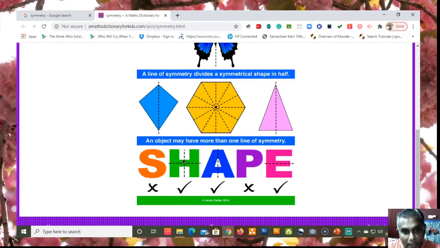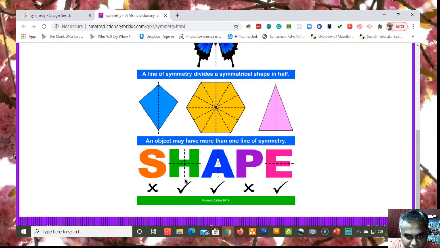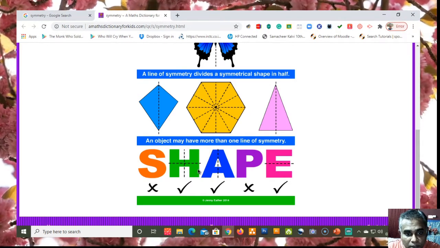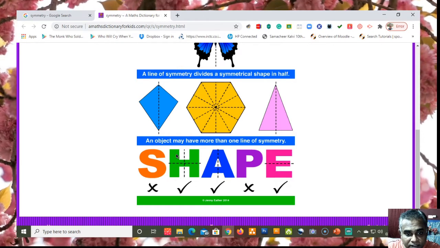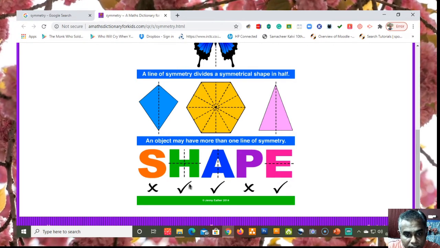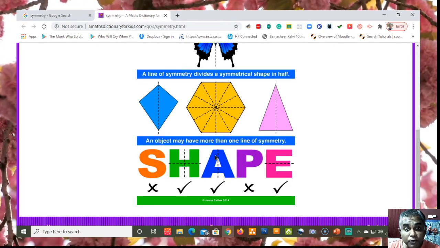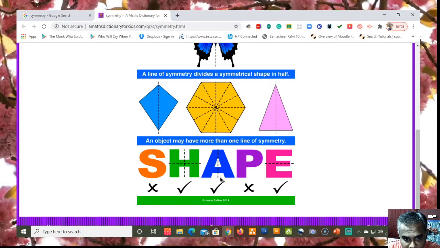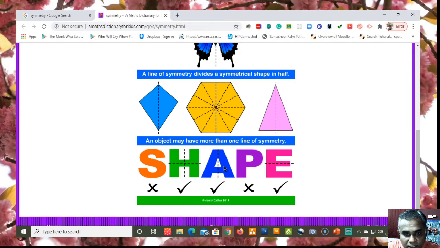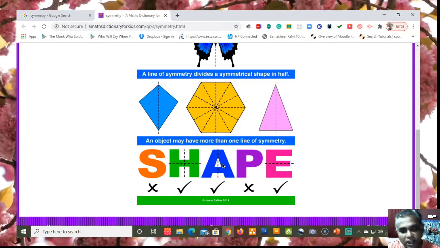If you look into H and if you draw a line here, that gives you two equal halves. If you draw a line here, then that divides it into two equal halves. Therefore, it is symmetrical. If you take the letter A and draw a line here, then it divides the letter A into two equal halves.